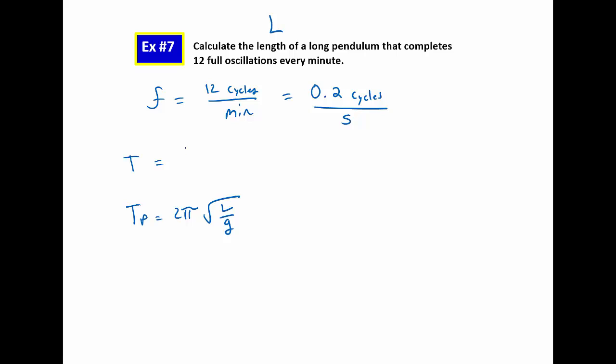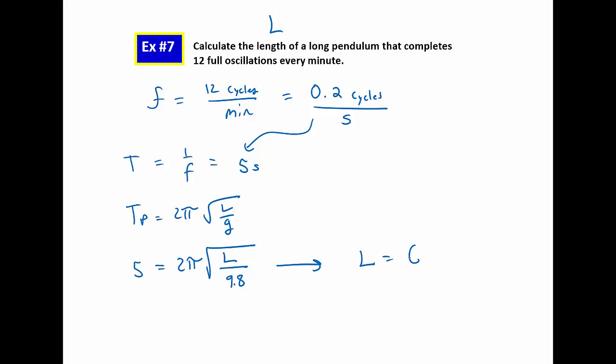So I remember that frequency and period are reciprocals of each other, and I can use that frequency to get the 5-second period. And if I know that the period is 5 seconds, then I can use this new equation to find that unknown length of the pendulum. And when we solve for L, we're going to get that this must be a 6.2 meter long pendulum.